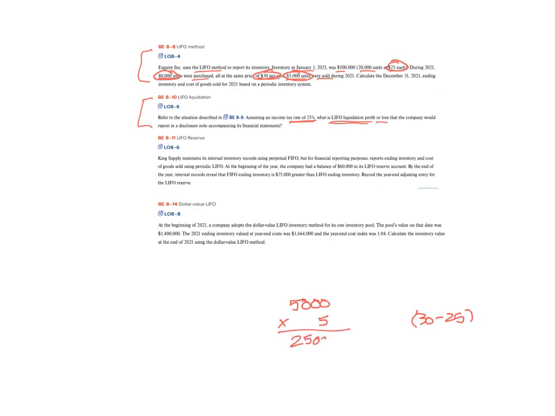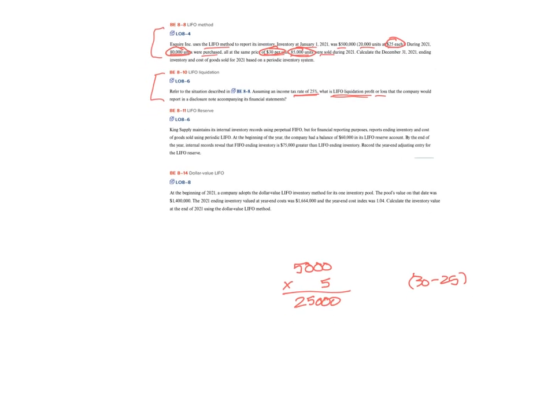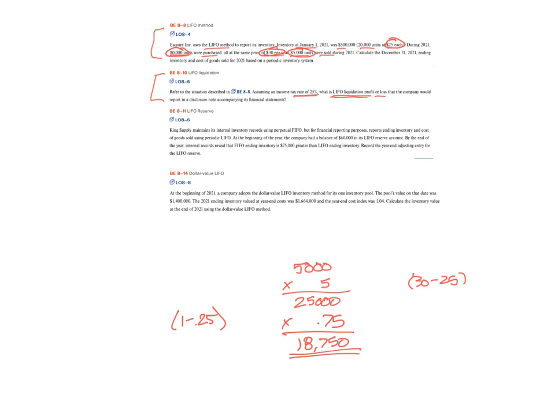This represents the liquidation prior to tax. Then we multiply by 1 minus the tax rate, so 1 minus 0.25 gives 0.75, and this gives us 18,750. This represents our LIFO liquidation profit.